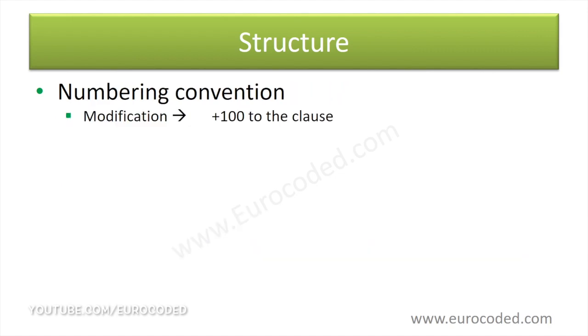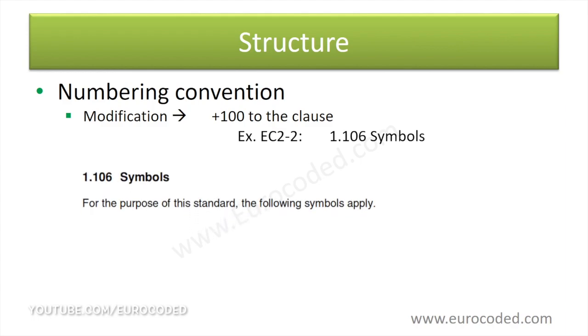Now we can look at the defined numbering convention. We have our general clauses in Eurocode 2 Part 1.1, and modifications can be made to those clauses in other parts of Eurocode 2. When a clause is modified, 100 would be added to the corresponding clause or subclause in Eurocode 2 Part 1.1. As an example, subsection 1.6 is titled symbols in Eurocode 2 Part 1.1, and the same section is modified in Eurocode 2 Part 2.